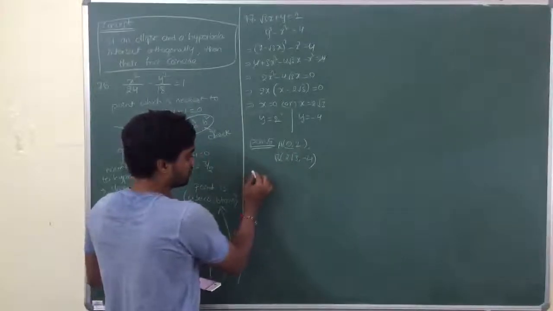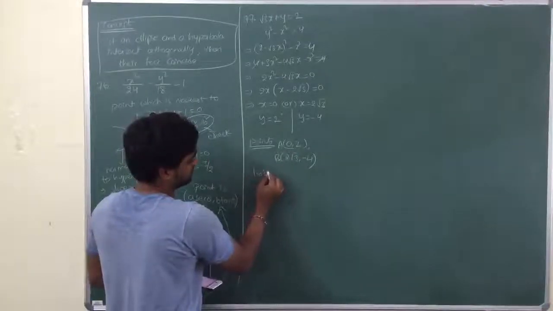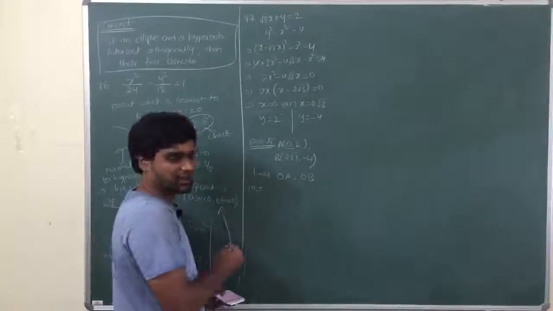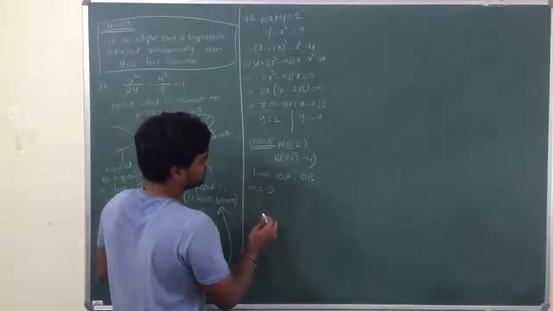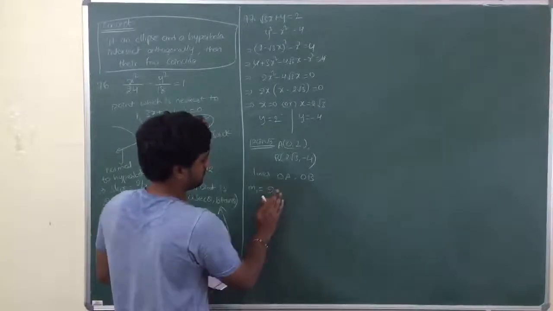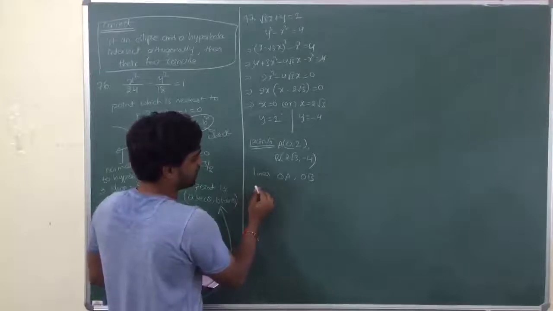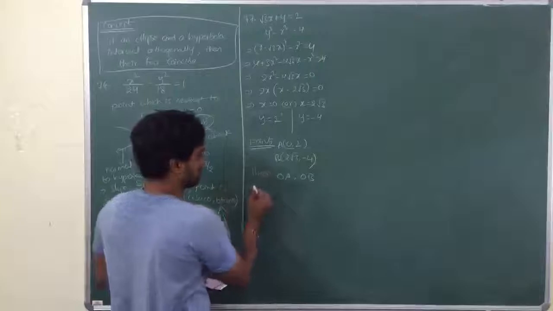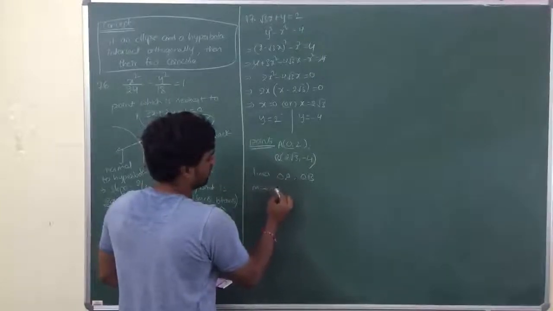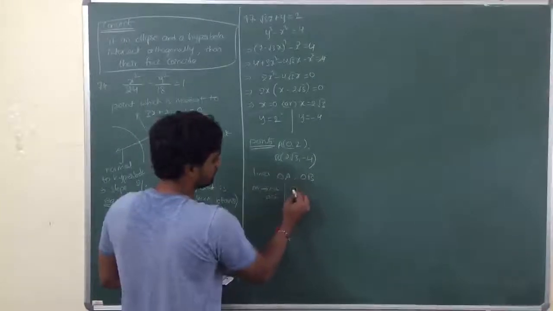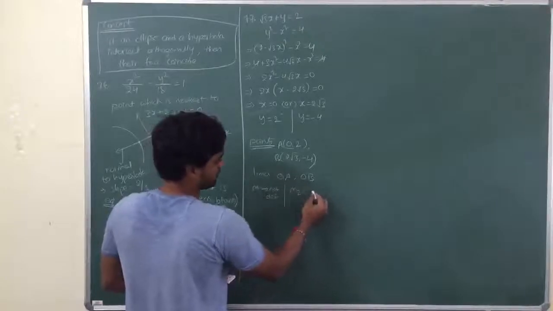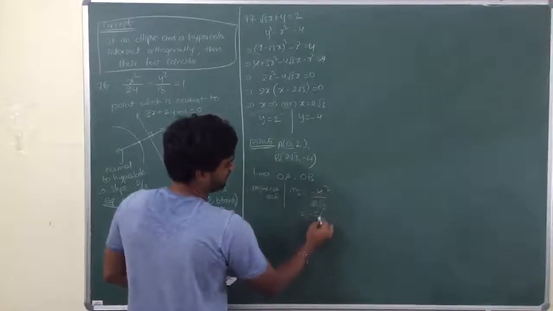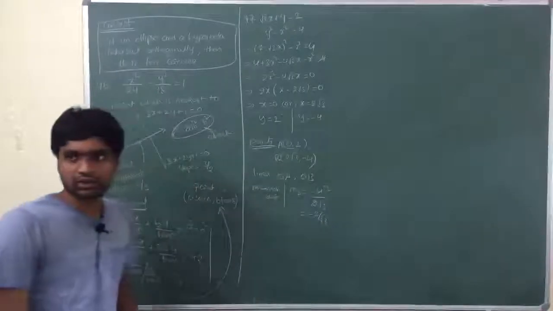Okay. So, lines OA and OB. M1 will be 2. Sorry. M1 is not defined, right? X coordinate is same. So, vertical line. M1 not defined. M2 is minus 4 by 2 root 3, minus 2 by root 3. Okay.